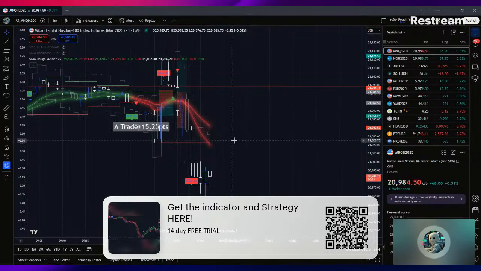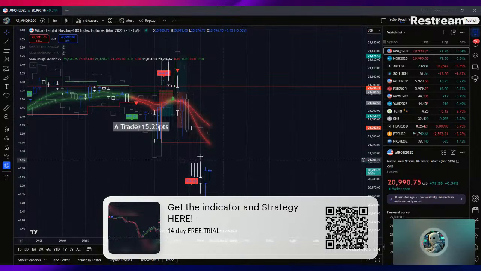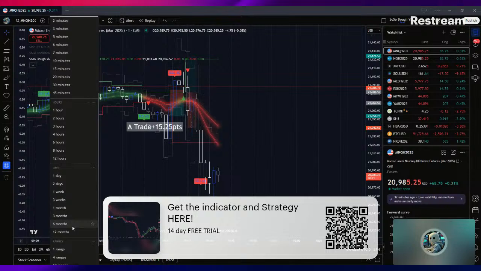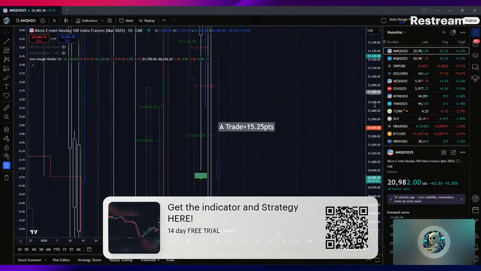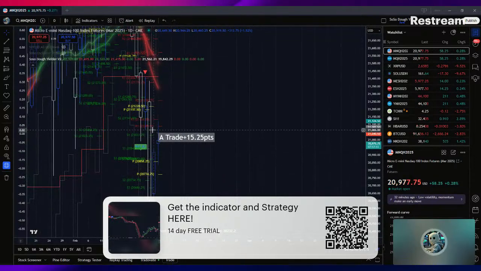65 points up on the day for the market. 65 points up, 70 points up. I didn't check where we're at from yesterday before market open. So Friday's high was 944.25.